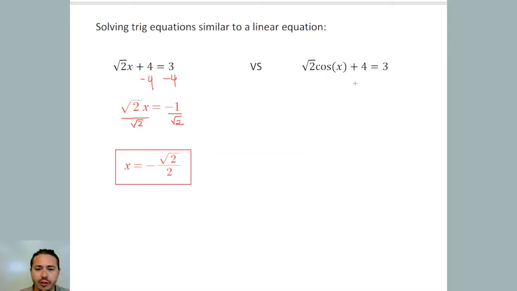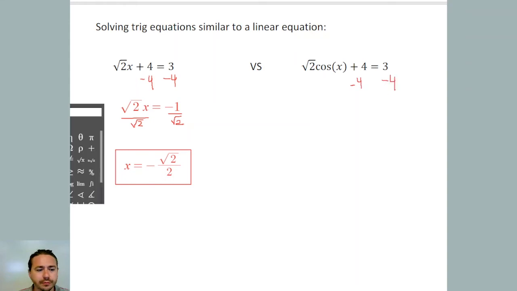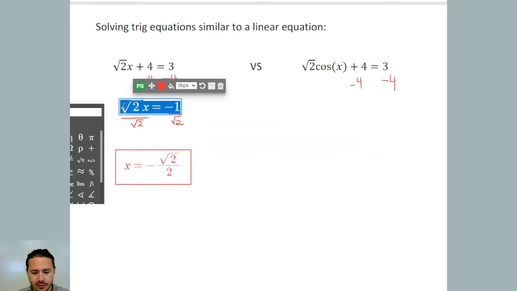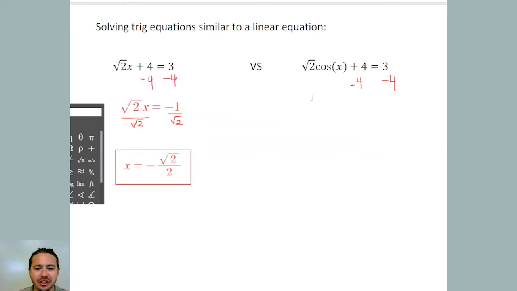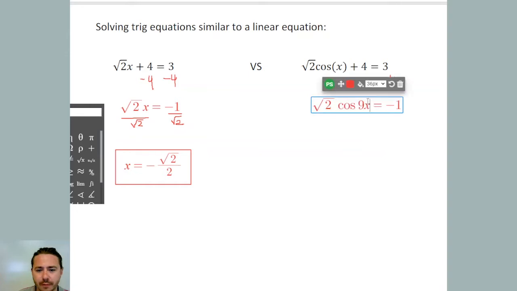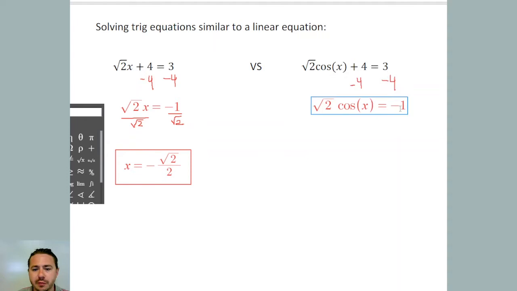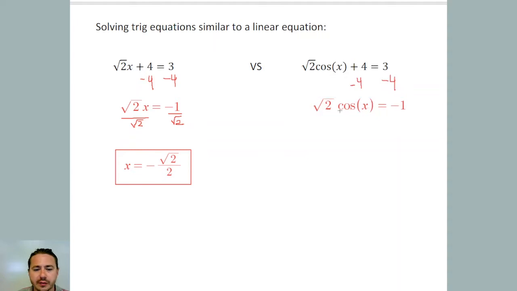All the things that you learned in Algebra 1 and Algebra 2 are still going to apply here. I'm still going to subtract 4. Really what we're doing here is using these properties of equality, which you may have had to cite back in geometry. So after I subtract 4 from both sides, it becomes -1, the plus 4 goes away. Then I'm going to divide both sides by root 2.